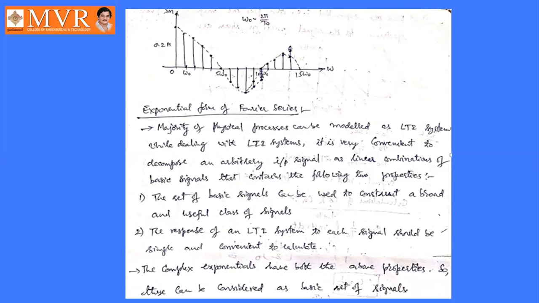Here we find the magnitude and phase spectrum. Magnitude is mod Sn equals square root of an square plus bn square, and phi n equal to minus tan inverse of bn by an. After that, we have to plot the amplitude and phase spectrums of the given problem. Amplitude spectrum is drawn between magnitude versus frequency. Similarly, phase spectrum is drawn between phase angle versus frequency.